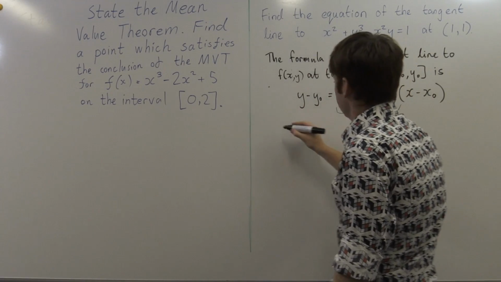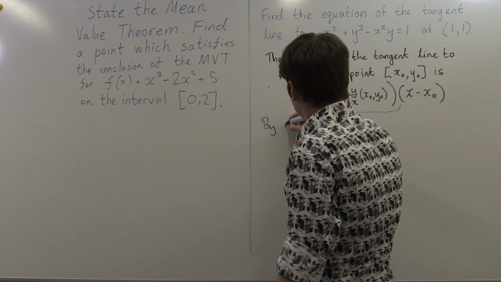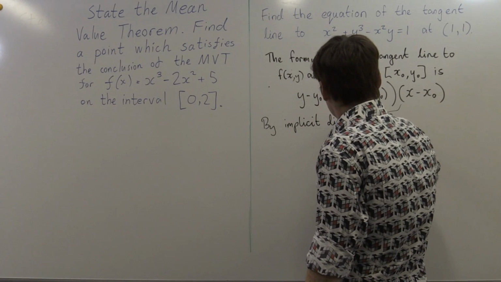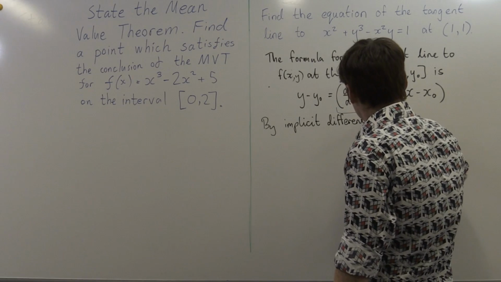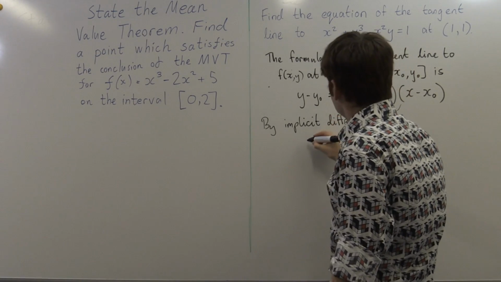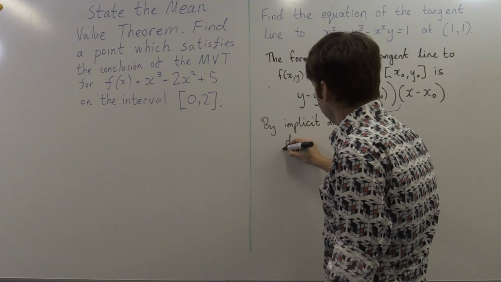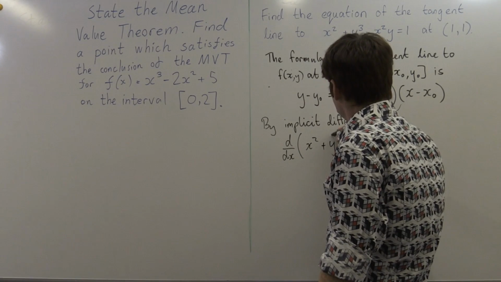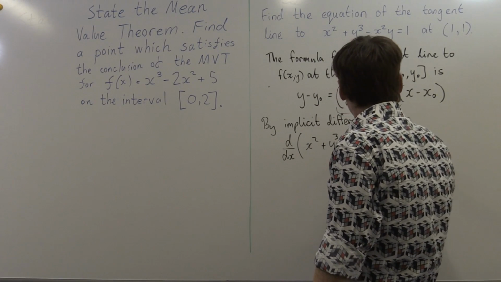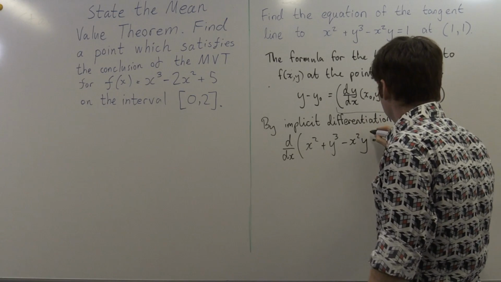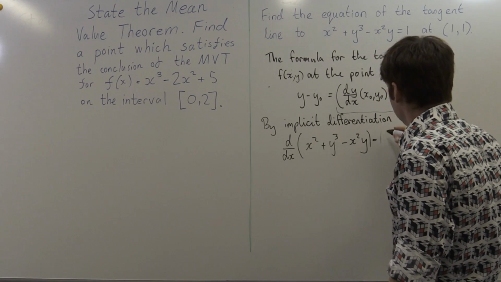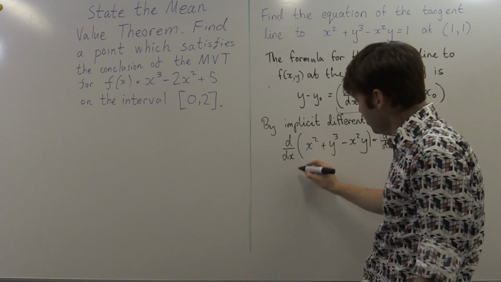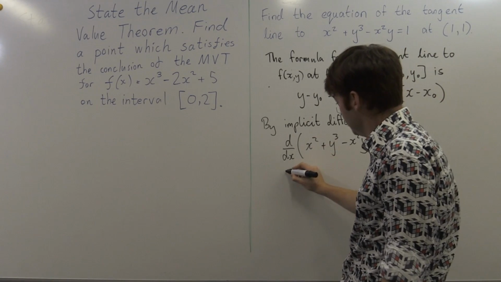So I'll just take the derivative of this whole curve with respect to x. Take the derivative of the left-hand side and the derivative of the right-hand side. Good. So the derivative of x squared is 2x.